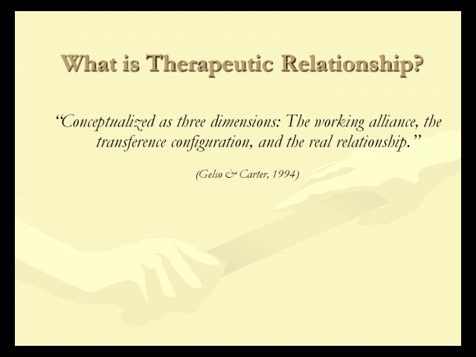That's where the client perceives the counselor as someone who could assist them in overcoming the barriers that exist within their lives. And the third dimension is the real relationship, having that commonality, that ability to connect one human being to another. This is considered the real relationship.